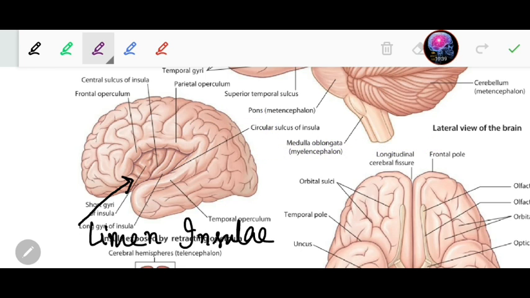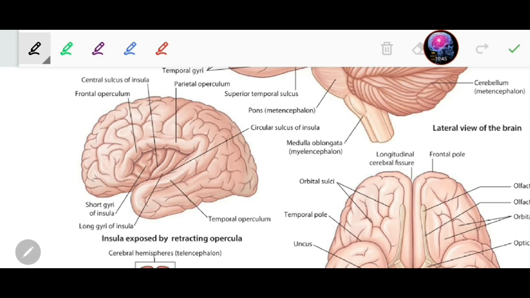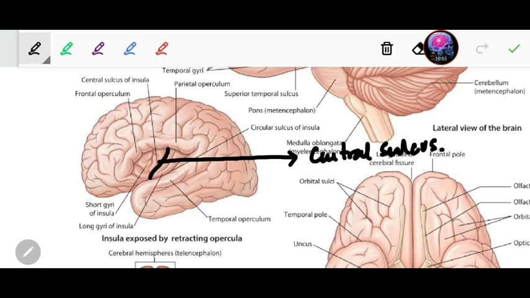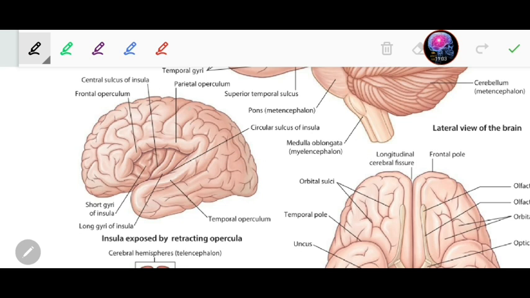The insula is divided into two regions, anterior and posterior, by a central sulcus. The part anterior to it is the anterior region, the part posterior to it is the posterior region. This is the central sulcus.